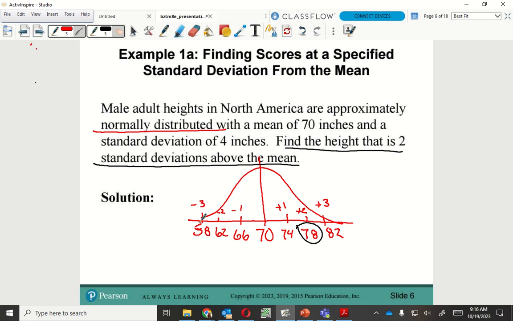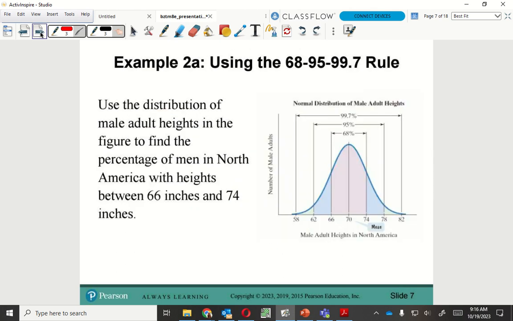So the answer to this one is going to be 78 inches. Very good. Use the distribution of male heights in the figure to find the percentage of men in North America with heights between 66 and 74.